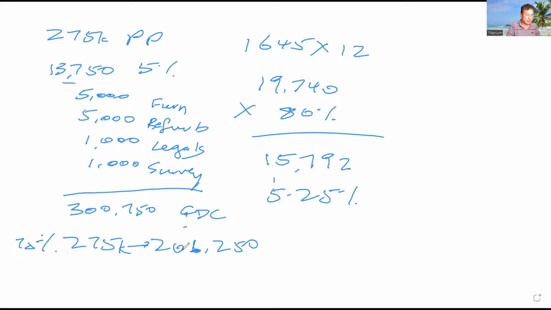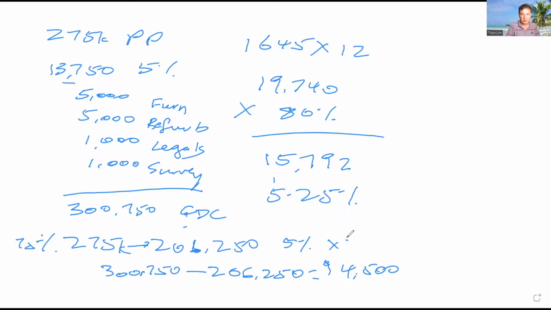Okay, how much money is left behind? 300,750 minus 206,250 equals 94,500 in. Right, so what's the interest rate? So assume you have to pay 5% interest. 206,250 times 0.05 is 10,312.50.